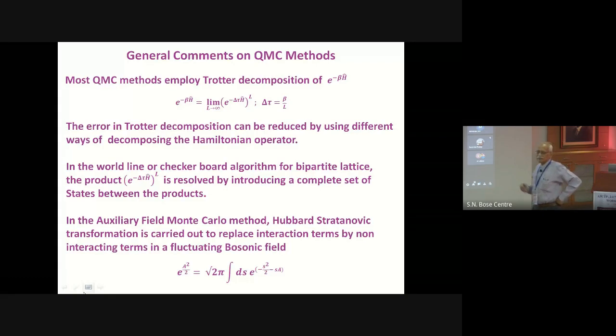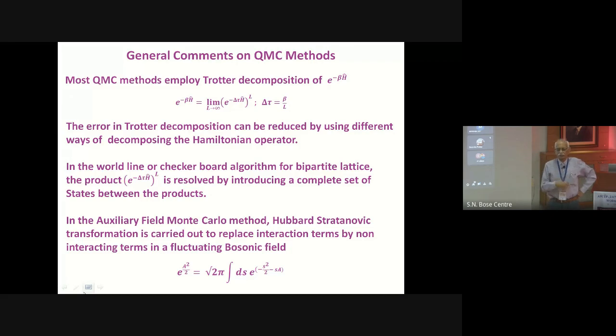So instead of doing this with L tending to infinity, for your convenience, you take some finite value of L. Once you take a finite value of L, you only have a finite number of terms. You can introduce complete sets of states between operators. Okay, and then you will get a whole series of matrix elements, and then you will have a beta axis or imaginary time axis, as you call it, in which you can go from one kind of term to another kind of term.